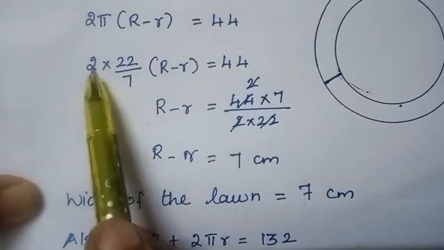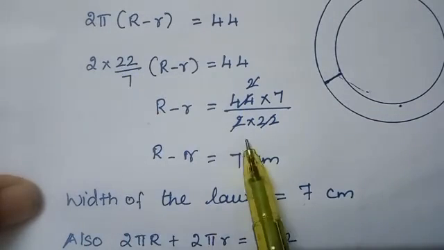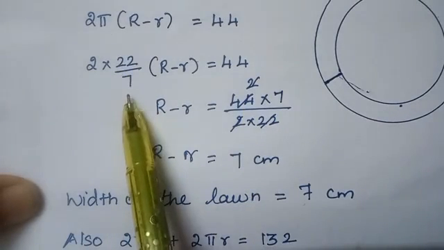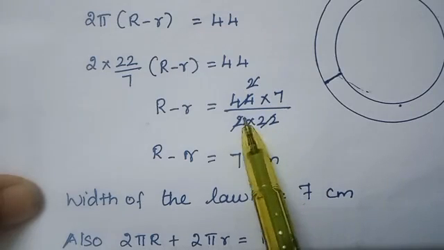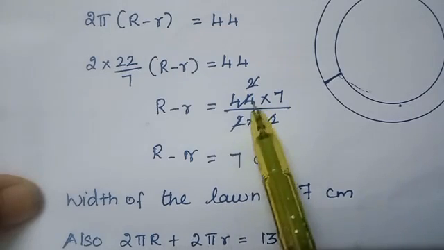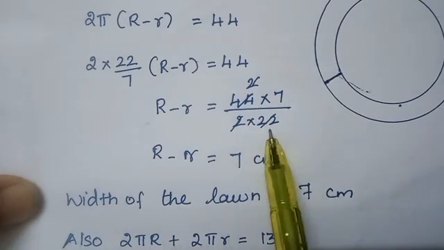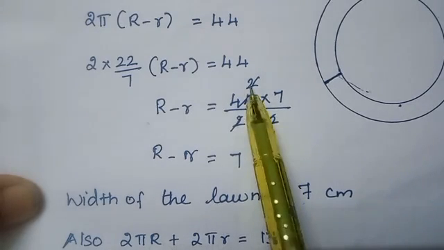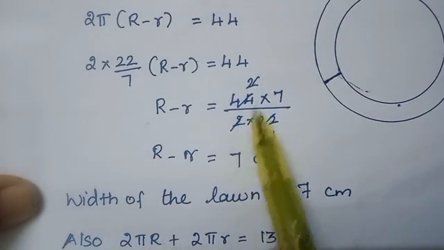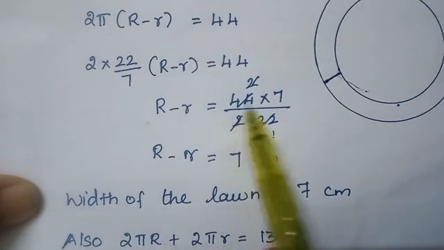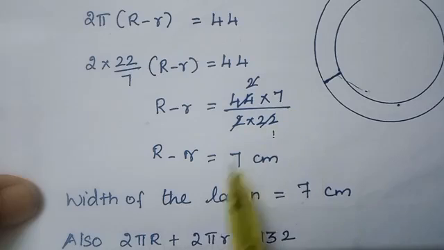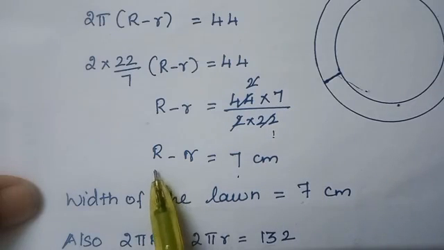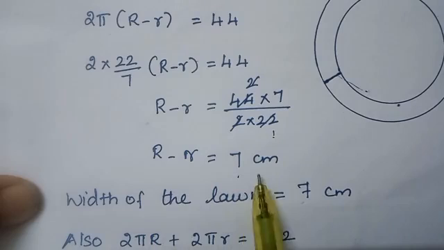Capital R minus small r is 7 centimeter.